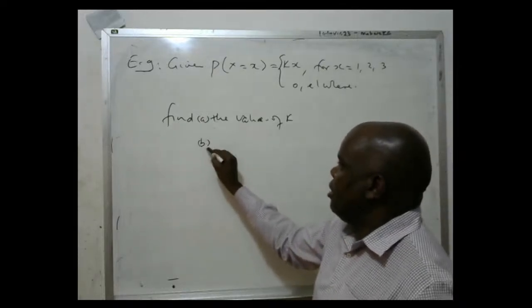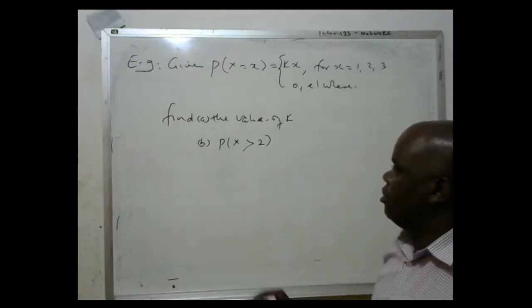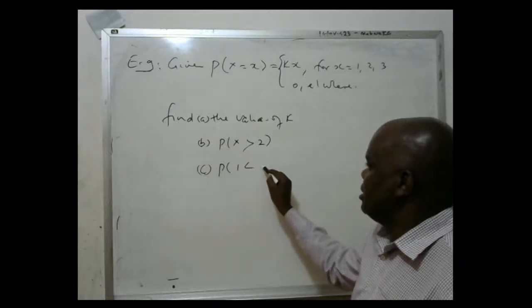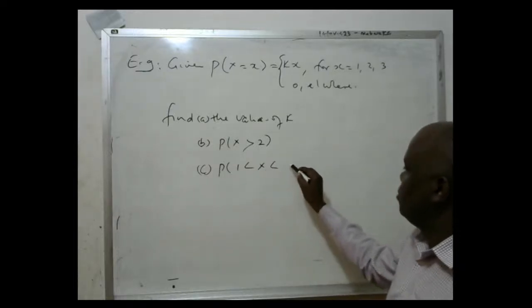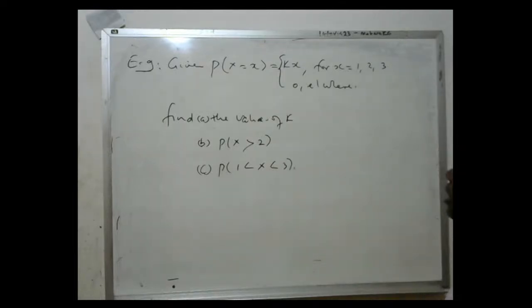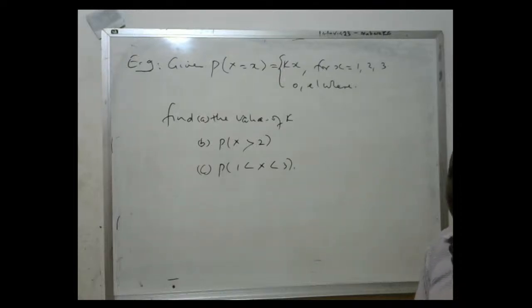B, the probability of x is bigger than 2. C, the probability of 1 is less than x is less than 3. Now in such a situation, if you are given this distribution, you know that it's discrete.